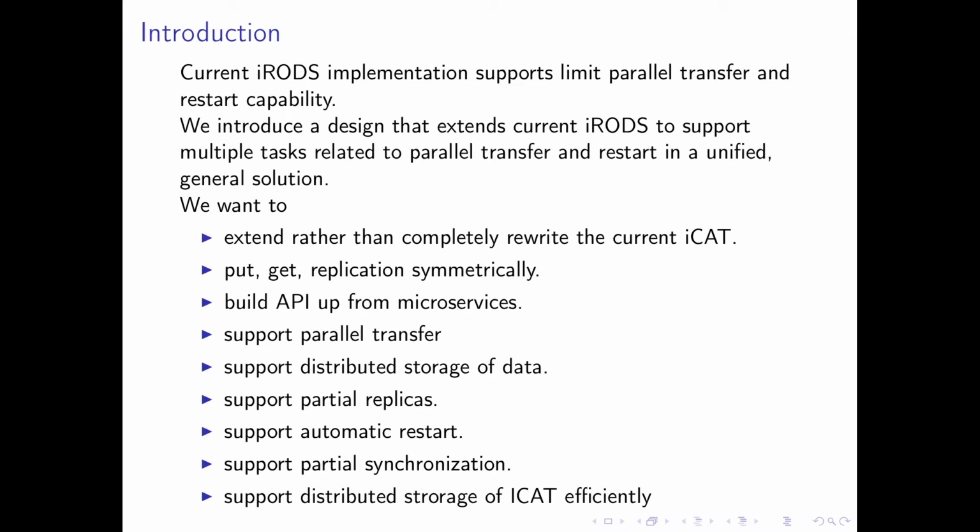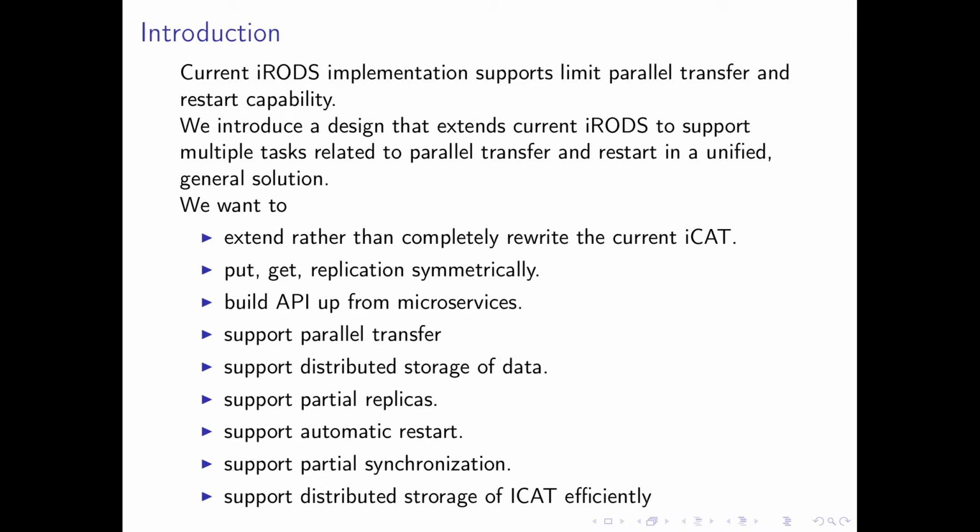One of the most important things, which I push really hard for this design, is put-get replication symmetry. Currently we don't have this symmetry. When you put, get, or replicate, they don't naturally go to the same low-level API. They do share the API to some extent, but we want to push that symmetry to the full extent so that it's 100% symmetric.